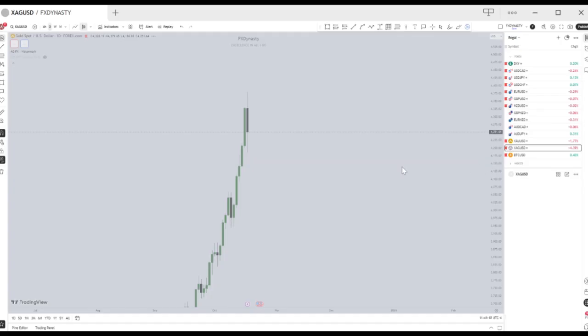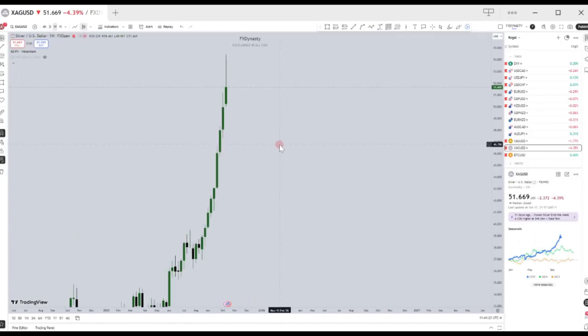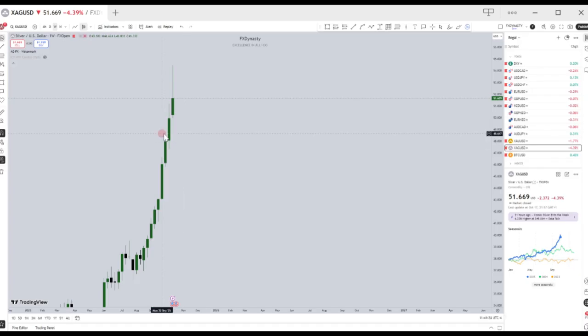So silver, the same thing on silver. I think silver will have a 4-hour fair value gap. We have a 4-hour fair value gap here. Why I am marking this as a fair value gap is silver usually do deeper retracement. So silver might decide to drop lower into this fair value gap before starting to go up.